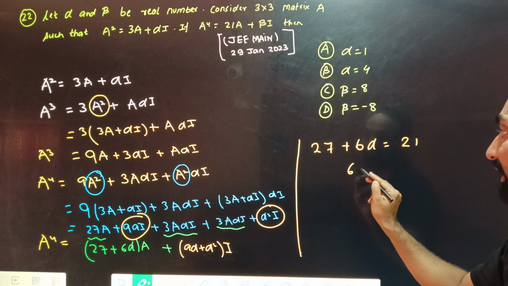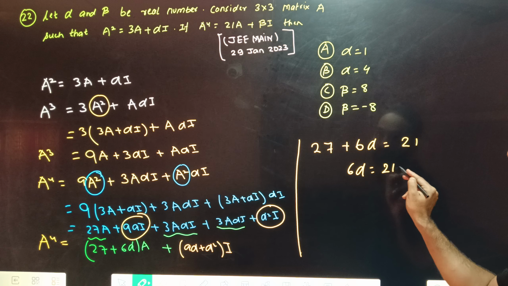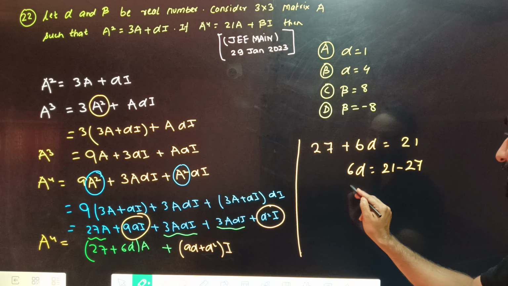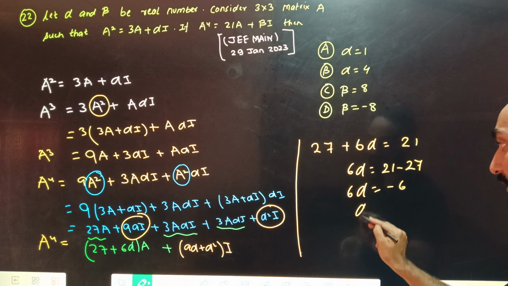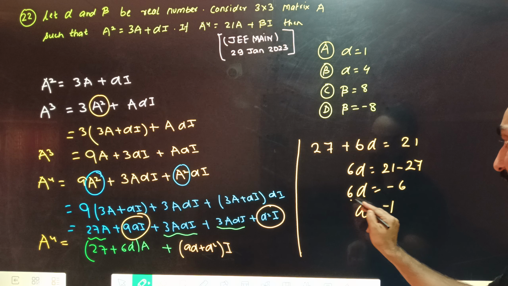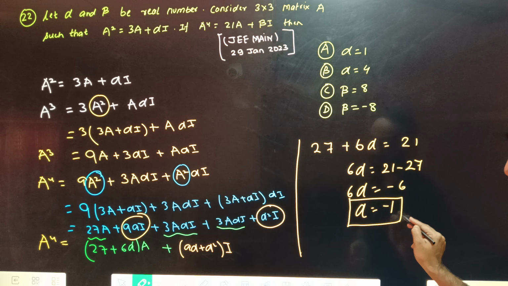From here we can find 6 alpha is equal to 21 minus 27, so 6 alpha is equal to minus 6, and the value of alpha is minus 1. Now we got the value of alpha.